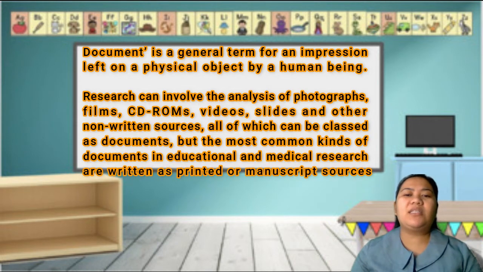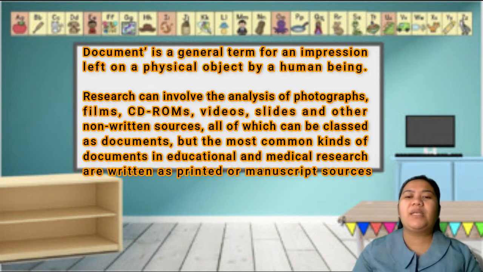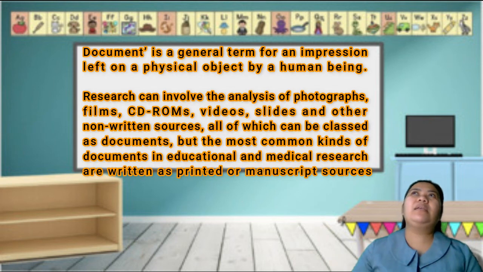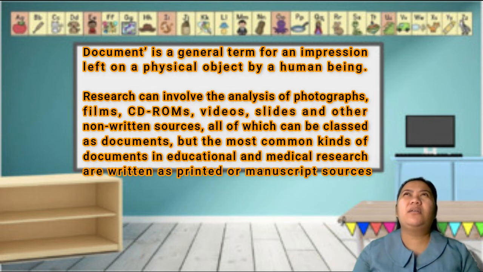Research can involve the analysis of photographs, films, CD-ROMs, video slides, and other non-written sources, all of which can be classed as documents. But the most common kinds of documents in research, both in education and medical research, would be written, as printed or manuscript. Nowadays, the very popular source for documentary evidence and literature would be the e-journal.